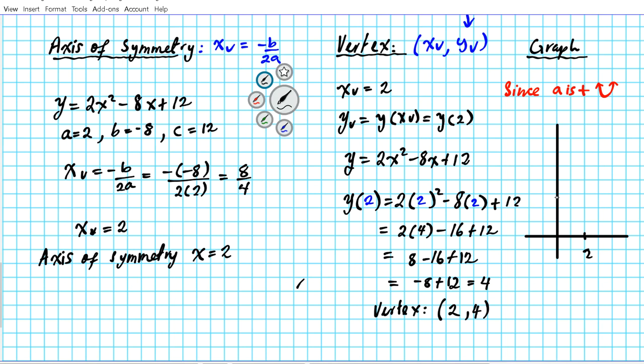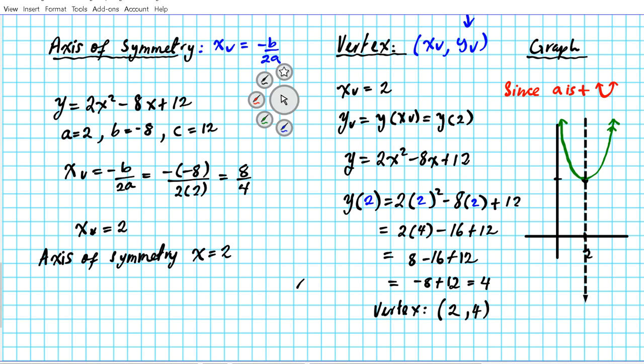That's where our vertex is going to be. In this particular situation, it's a happy parabola, so it's going to be opening upwards. And then our axis of symmetry is going to be right here.